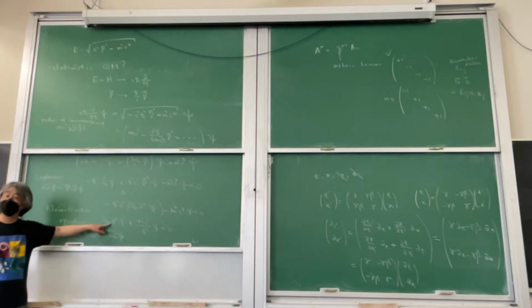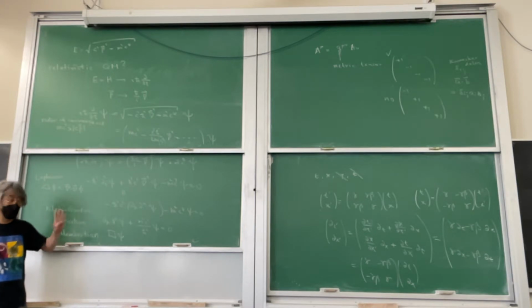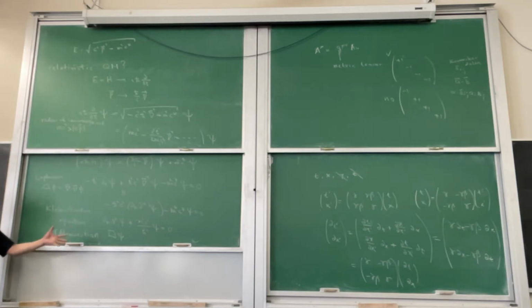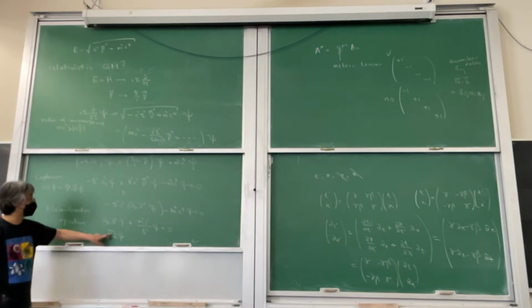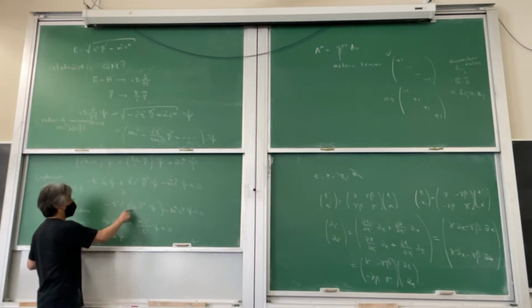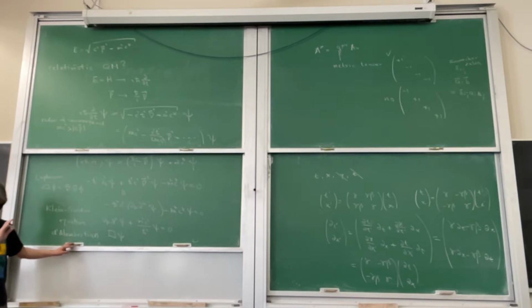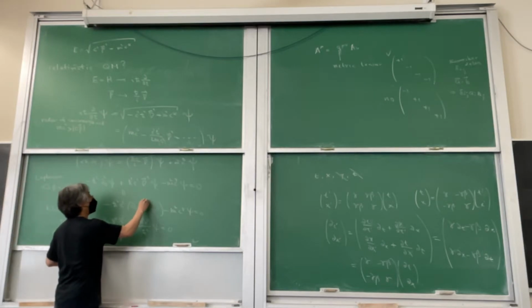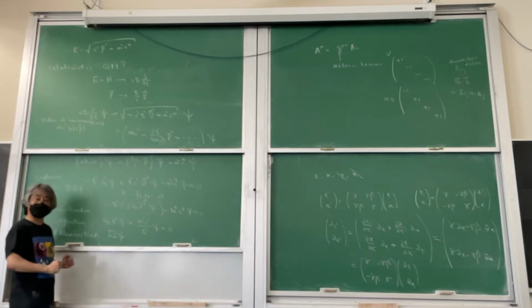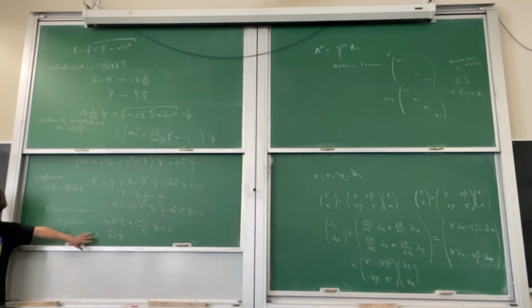You sum over all derivatives squared for all directions, but because you are supposed to sum with one upstairs and one downstairs, this box is meant to be a combination of time derivative squared minus the 3-dimensional Laplacian. Okay, so that's easy to remember, I hope.